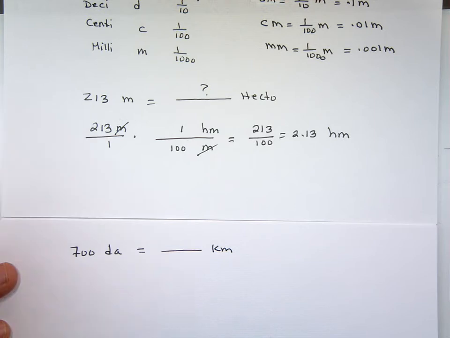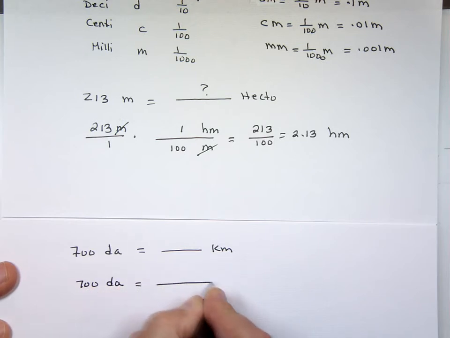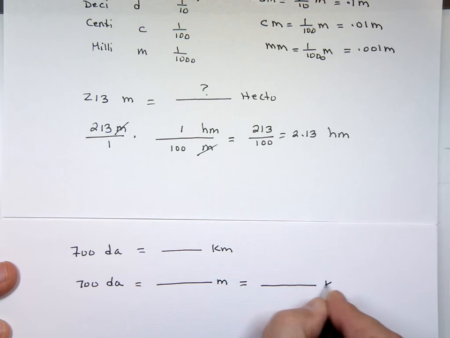As of now, I didn't show you a different method. As of now, I don't have a direct way to go. So I have to go from decameters to meters, then from meters to kilometers. I got to do it in 2 steps, like we did last time in some of the units.